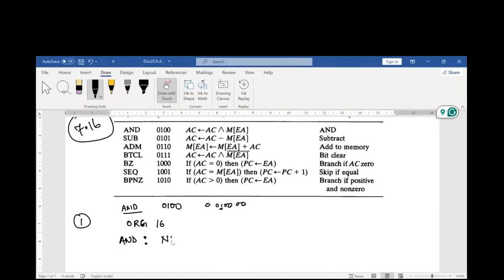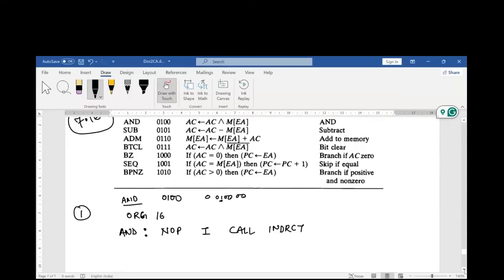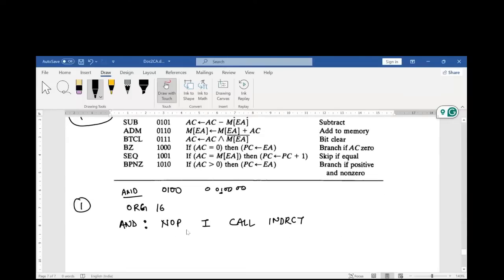So what did we study? If you want to access memory, the first task is to check direct or indirect. So no operation, I call indirect. After this is checked, if I is 1, it will fetch your effective address by going into this function indirect. And if I is 0, no problem, you already have your effective address in your AR.